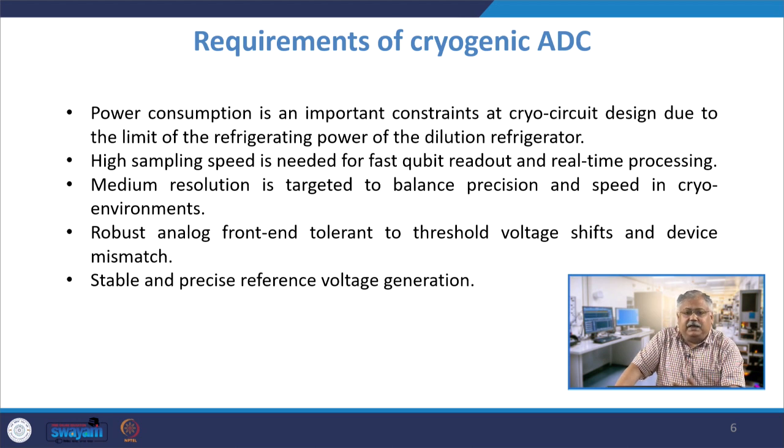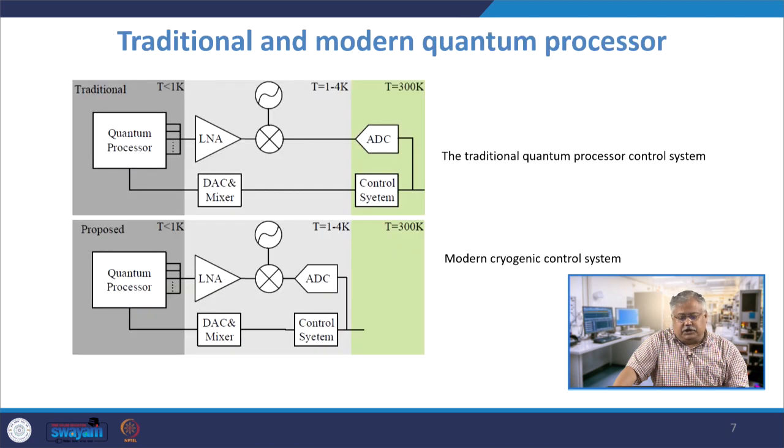When you increase the sampling speed, the analog signals are sampled more densely, and therefore the switching capacitor sample and hold circuit has to work faster. Faster means switching, charging and discharging take place faster, which means the power dissipation will also be larger. So, the challenge or requirement is to make the front end design as invariant to threshold voltage shifts.